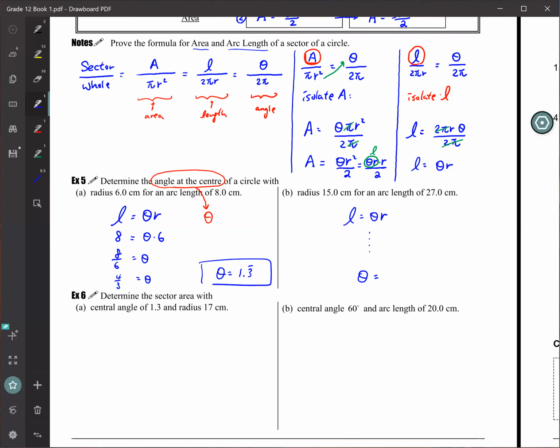Okay, Trudy, what's your answer? I got 9/5. Yeah, very good. So you take the length, divide by radius.